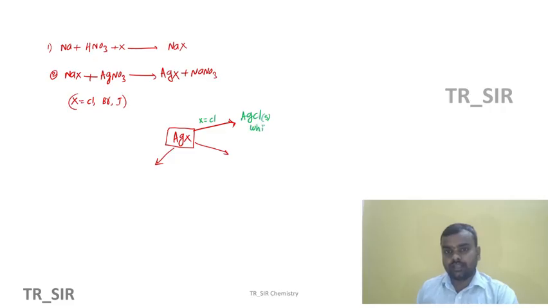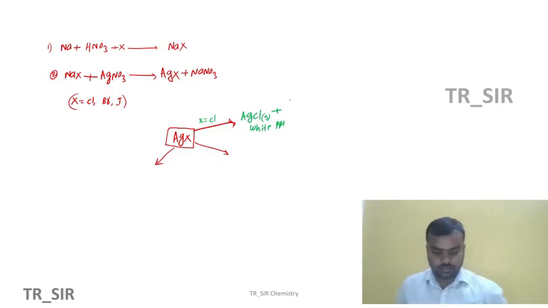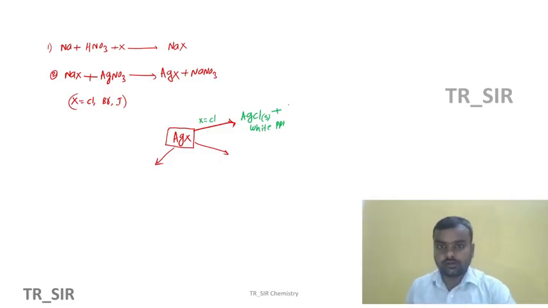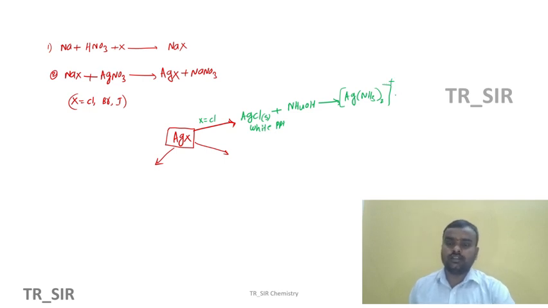This will be a white precipitate. When you try to dissolve it by reacting with ammonium hydroxide, it forms a soluble complex, for example Ag(NH3)2+. So this is a soluble complex.